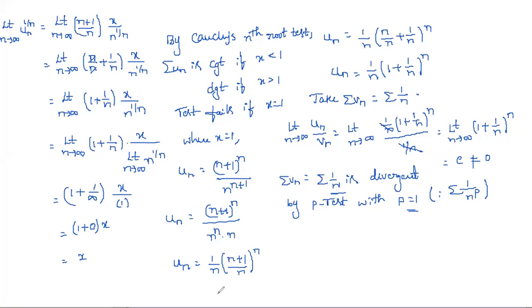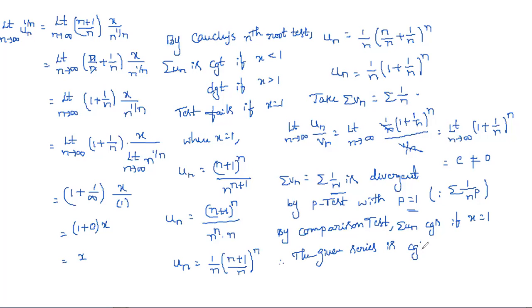Okay, and now by comparison test, summation un diverges if x is equal to 1. And finally you need to write, therefore the given series is convergent, by comparison test.